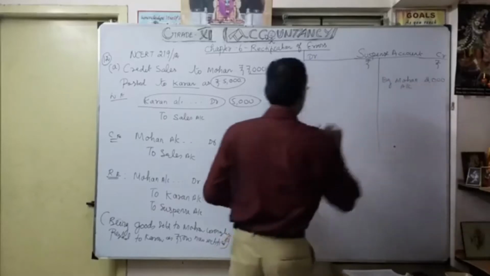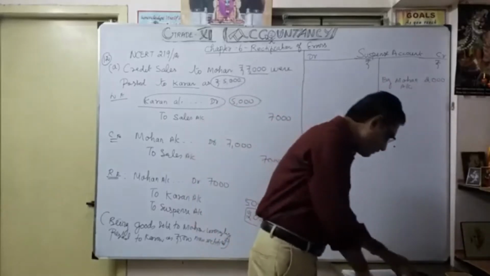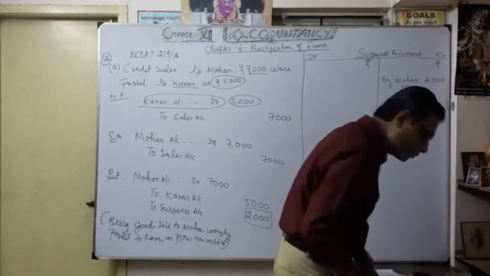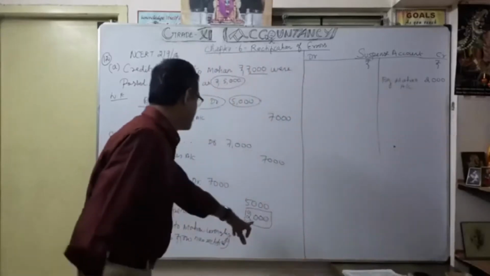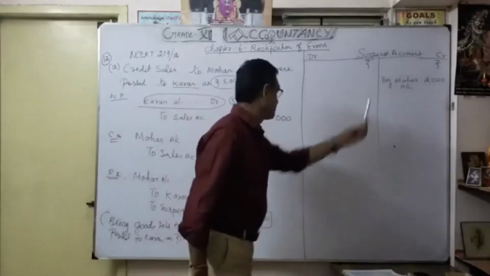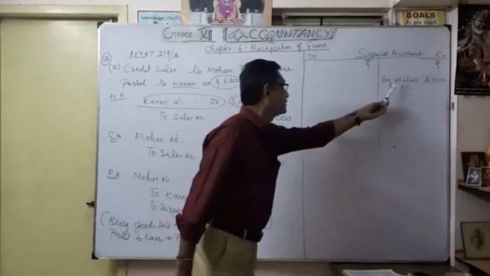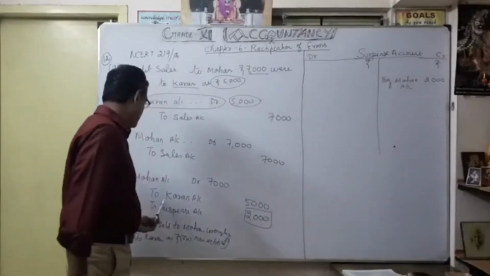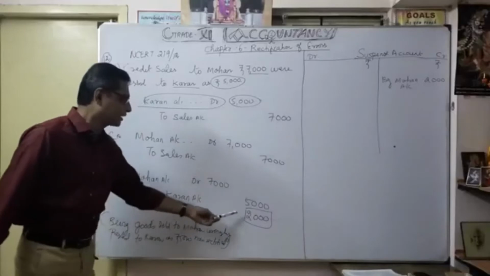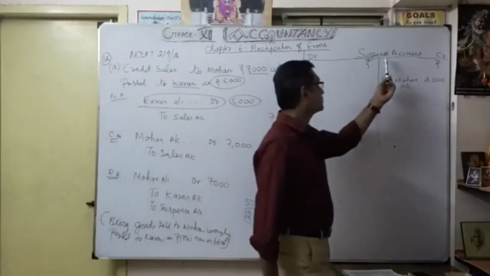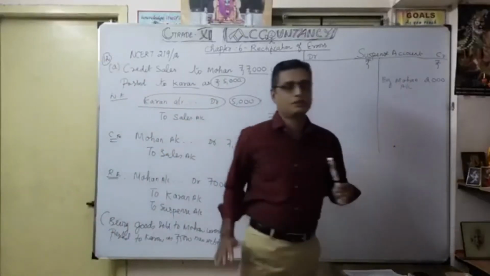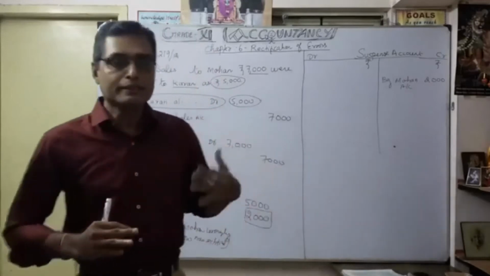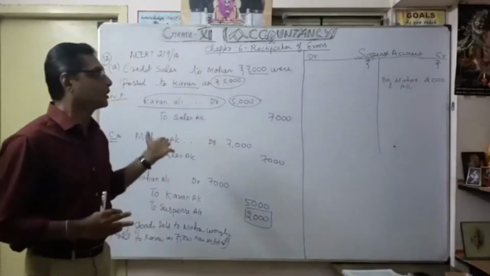That's why you open the suspense account. Now you understand very clearly how you have to do it. In the suspense account I wrote by Morgan; only the credit side you have to open. So the first rectification is done, and immediately you open the suspense account and post it.